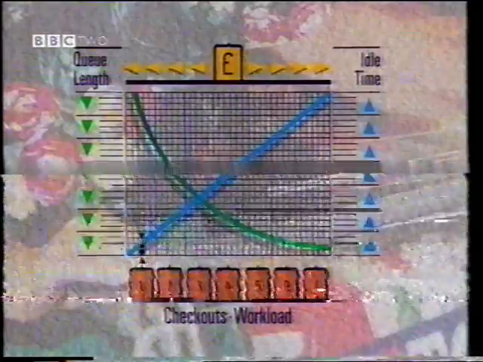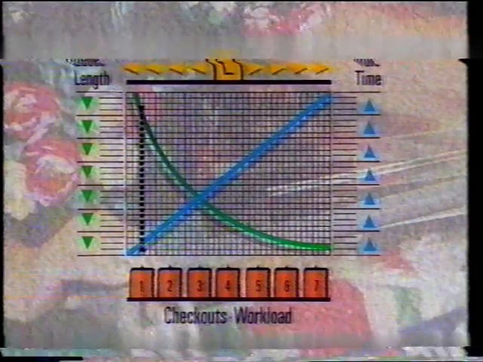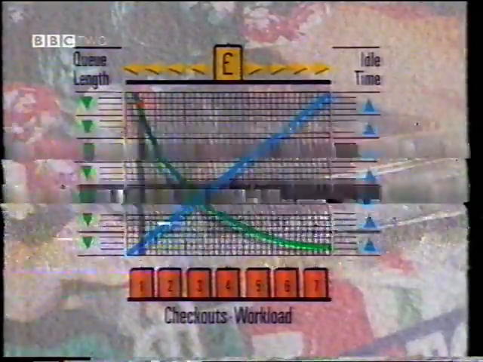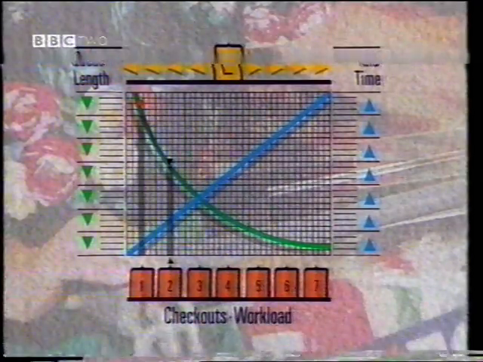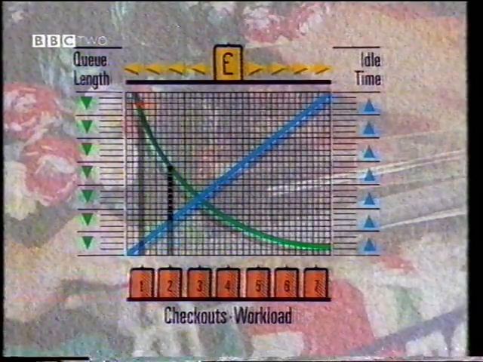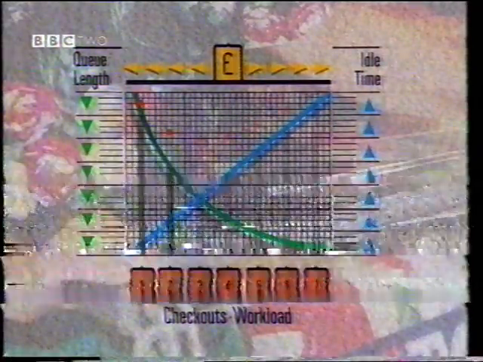This is the cost of the idle time when there is one checkout point, and this is the cost of the waiting time. Now we can add these two together by putting the cost of idle time on top of the cost of the waiting time. Similarly, if there are two checkout points, the total cost is this, plus this. And you can do the same for all the numbers of checkout points.